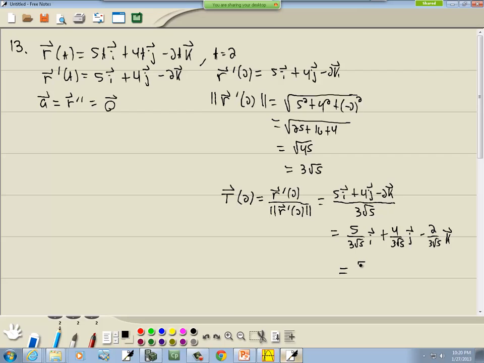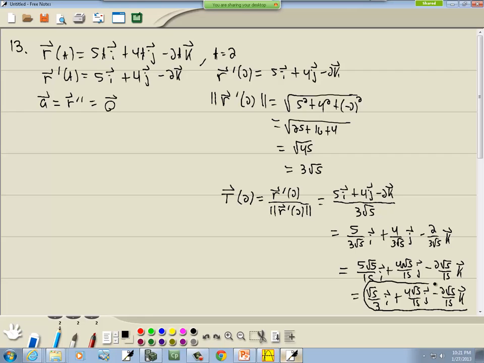Which gives us 5 square root of 5 over 15 i plus 4 square root of 5 over 15 j minus 2 square root of 5 over 15 k, which gives us square root of 5 over 3 i plus 4 square root of 5 over 15 j minus 2 square root of 5 over 15 k. And that's our tangent vector at that t value.